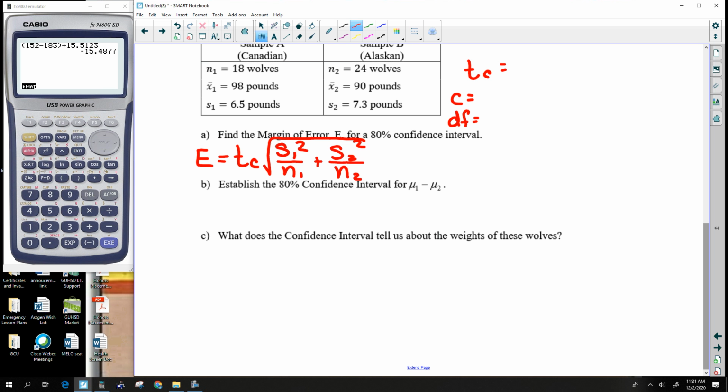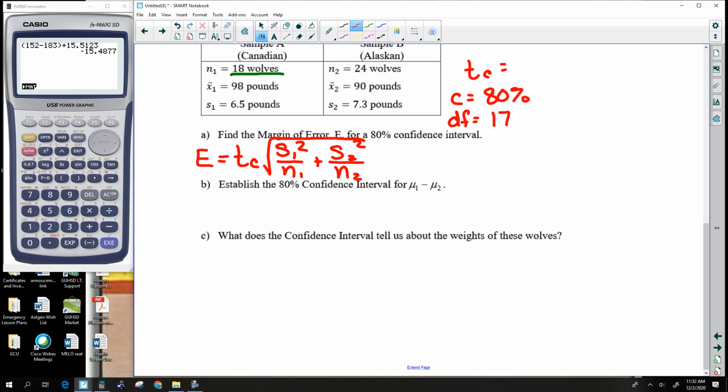The confidence is described right in the problem itself. This wants a confidence of 80%. The degree of freedom is a little bit more clever. What we do is we look at the two n's, and we take the degree of freedom from the smaller of the two. So the smaller of the two is this 18. Thus, the degree of freedom in this case is going to be 17.